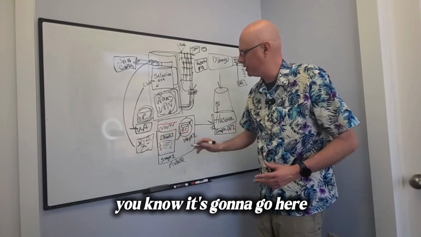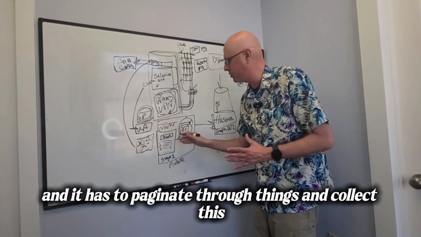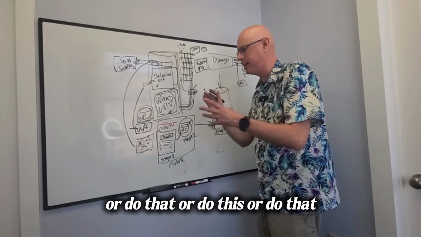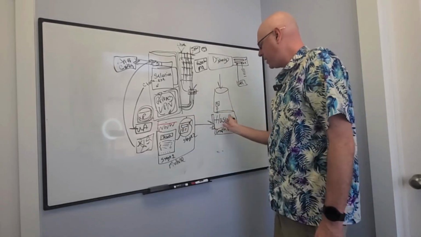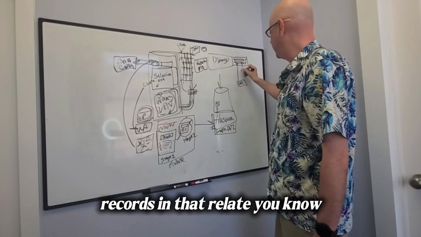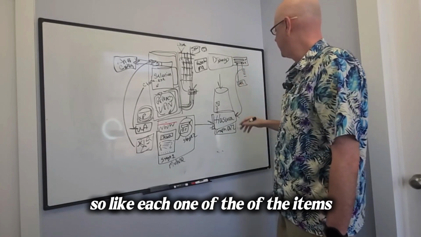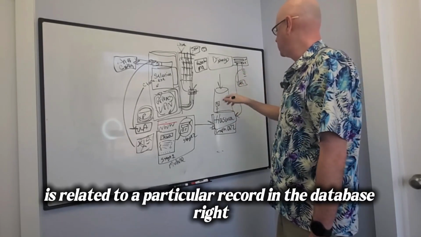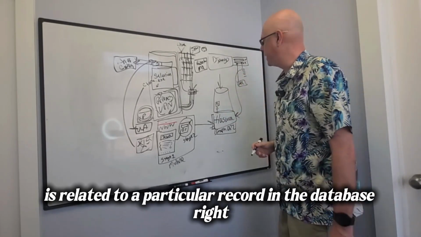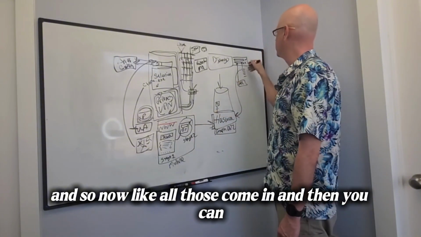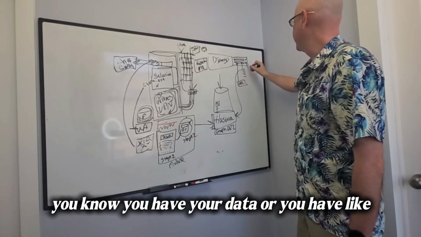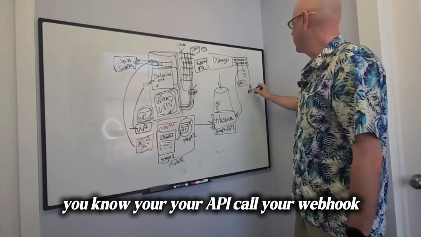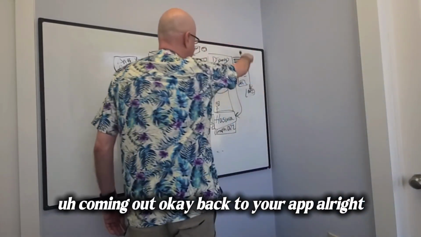It would know it's going to go here and has to paginate through things and collect this or do that. And at the end, it's shooting records in, where each one of the items is related to a particular record in the database. Now all those come in, and then you have your data, or your API call, your webhook coming out back to your app.